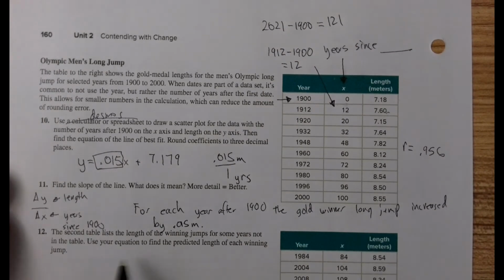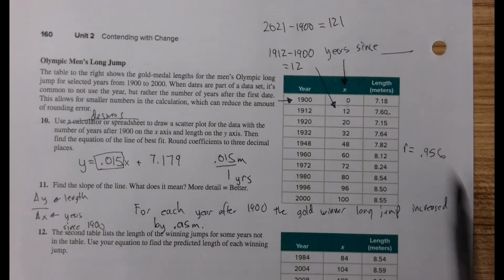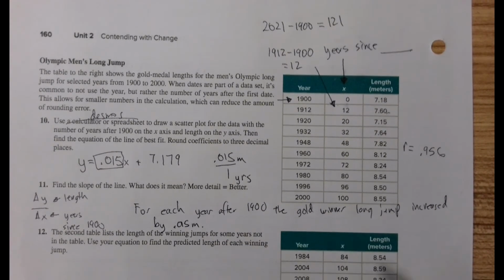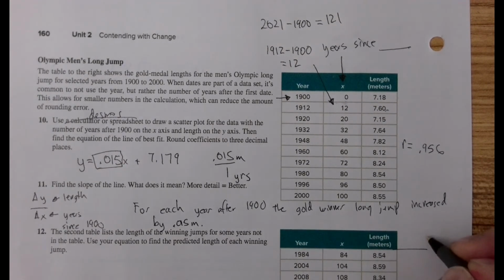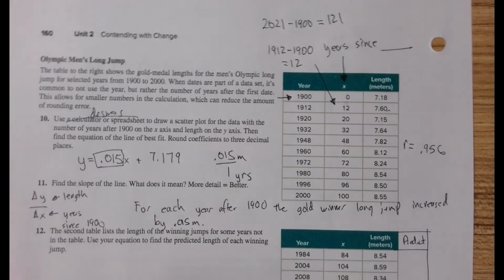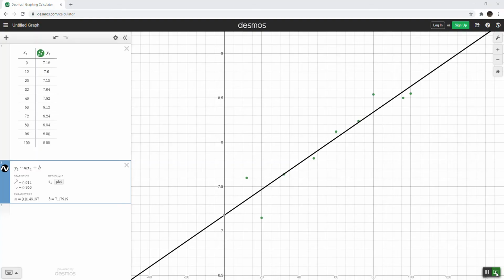All right, so look at the second table. Here's some intermediate years that are not in this data set, 84, 2000, etc. And here's our x values. And here's the actual lengths. We're told to use our equation to do a prediction. Well, I'm going to show you a nice trick in Desmos to do this.